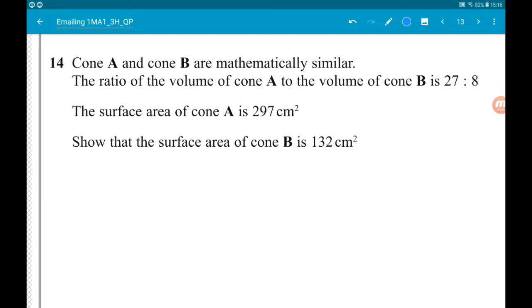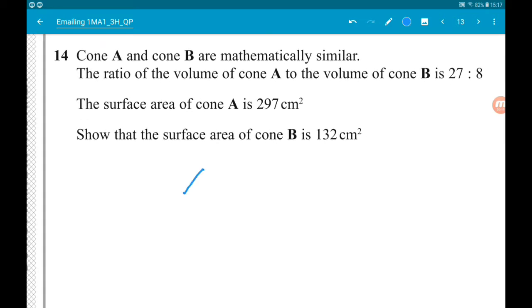So cone A and cone B are mathematically similar. The ratio of the volume of cone A to the volume of cone B is 27 to 8. So now I'm going to write the volume down here. So 27 to 8.